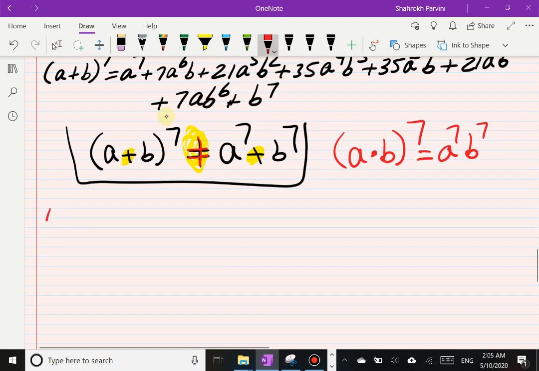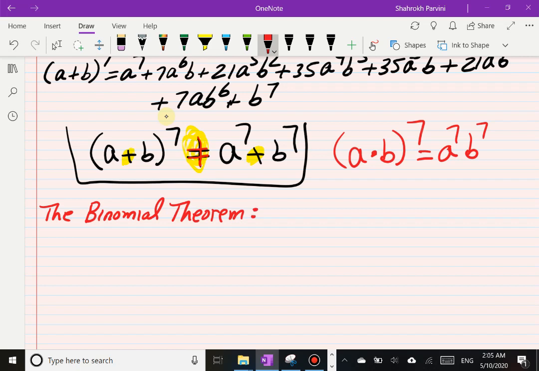Let me write it. The binomial theorem. This theorem, by the way, if you take statistics, you will see some form of this theorem in your statistics course. In that course that some of you are going to be blessed to take, one of the probability distributions is the binomial probability distribution.